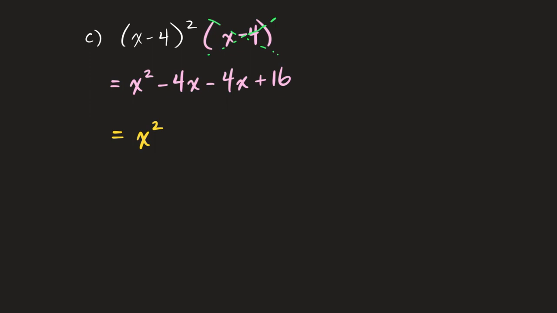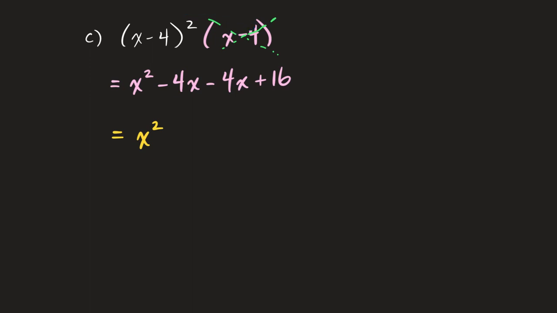When I expand my brackets, look at my blue arrows. I will have a negative 4x, and then I'm going to have another negative 4x. That means whatever I expand, I'm going to get double of, because I got two of them because of the two brackets. Okay, let me get rid of those purple arrows now.